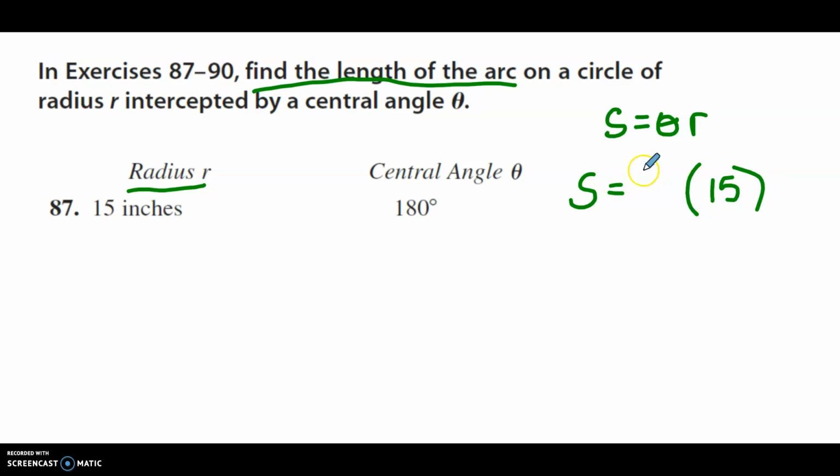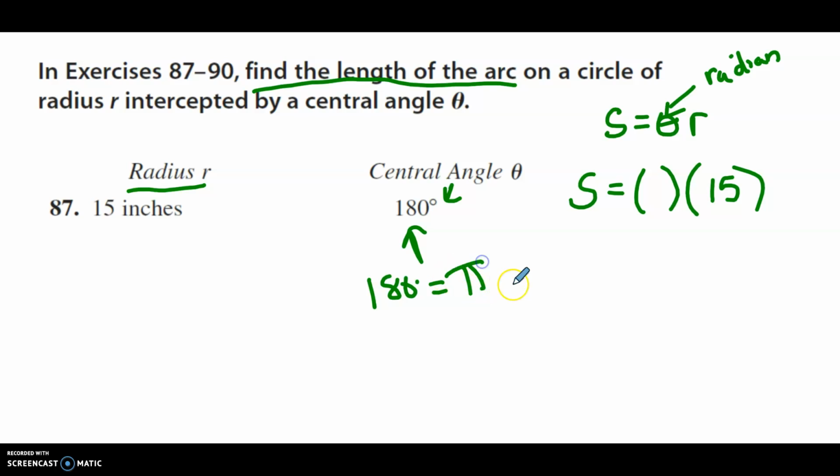Great. And then they told me my angle, but I have to stop and panic for 5 seconds because they gave it to me in degrees. And I'm telling you, you cannot put degrees. This angle must be in radians, right? So don't just blindly throw in 180 there. You just need to take one extra step and say, okay, what is 180 degrees in radians? Well, that's actually nice because we know that's just pi radians.